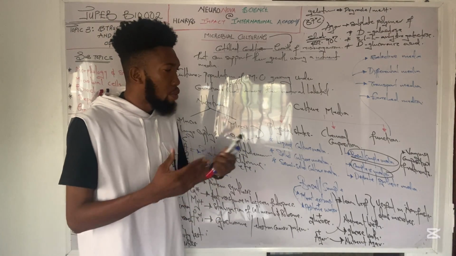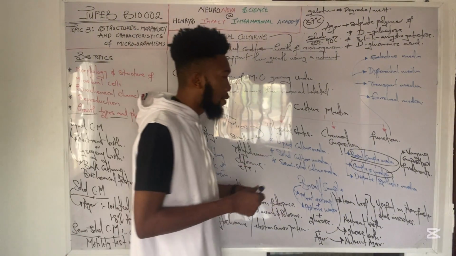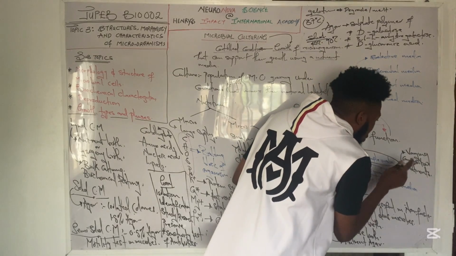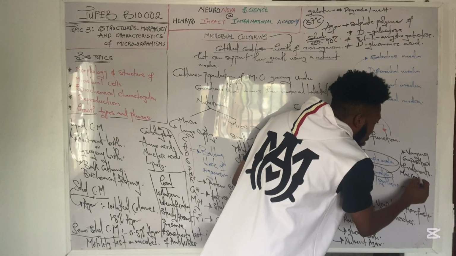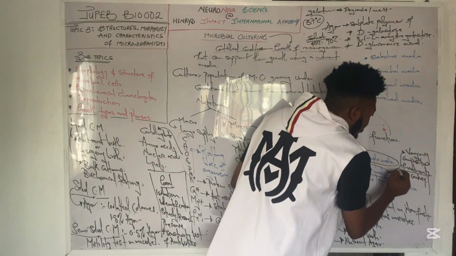What are the major examples of your complex media? I told you they are used in growing fastidious microbes. So what are the major examples of your complex media? This is where you learn about MacConkey media. Please take note, the MacConkey media.